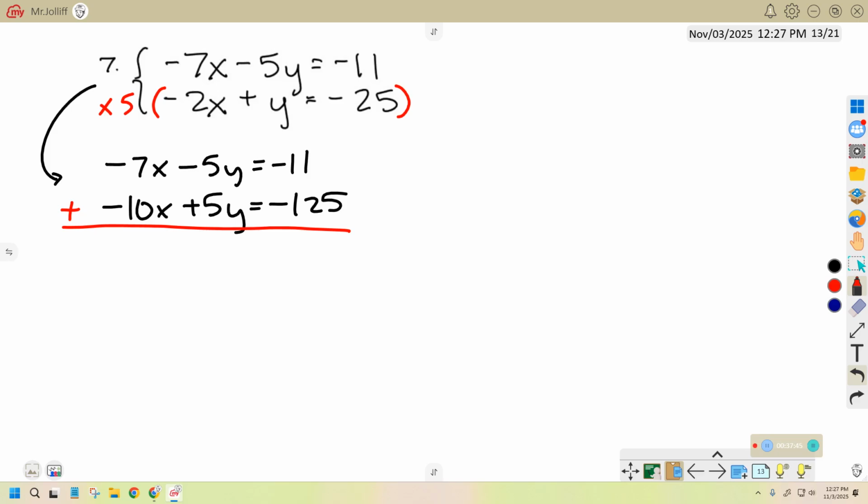So starting with the x's, negative 7 plus negative 10 is negative 17. Negative 5 plus 5 is 0. Negative 11 plus negative 125 is negative 136. I think I did that correctly.